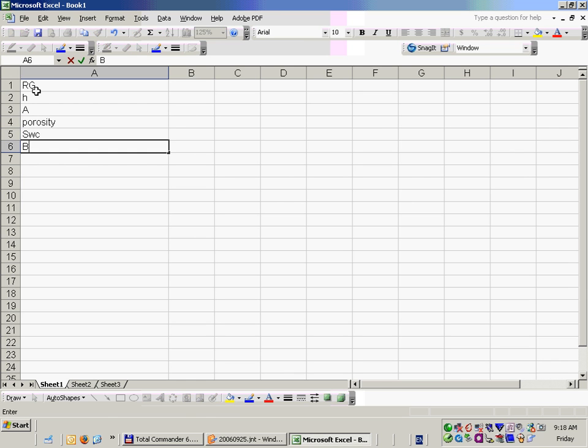BGI, and then reservoir oil, and we've got the same things.